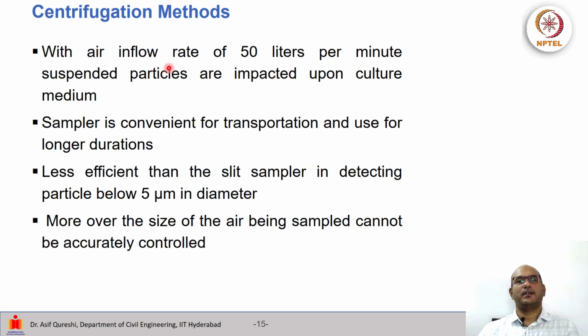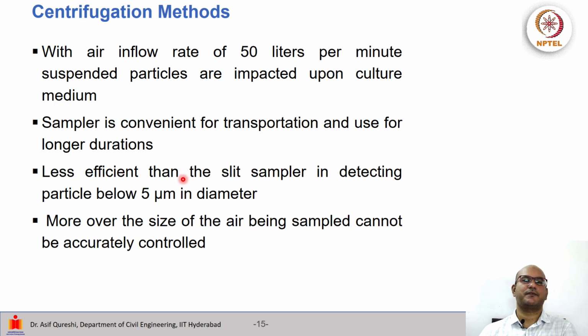With an inflow air flow rate of about 50 liters per minute, the suspended particles are impacted upon the culture medium. The sampler itself is easy to transport and can be used for longer durations.